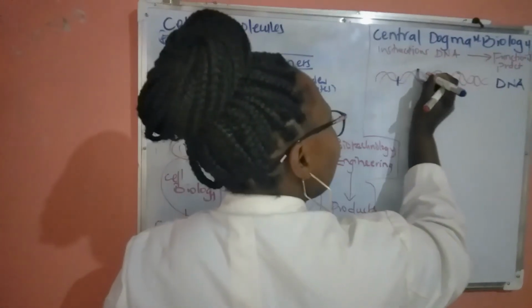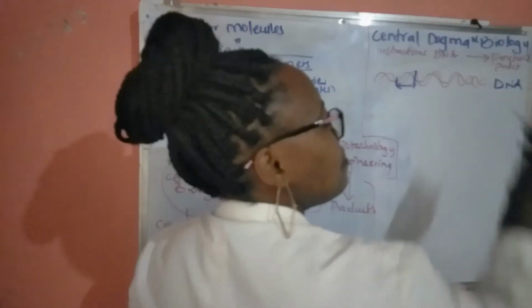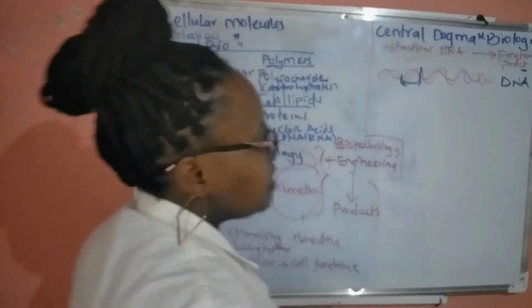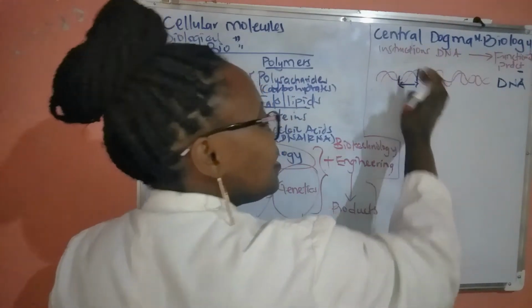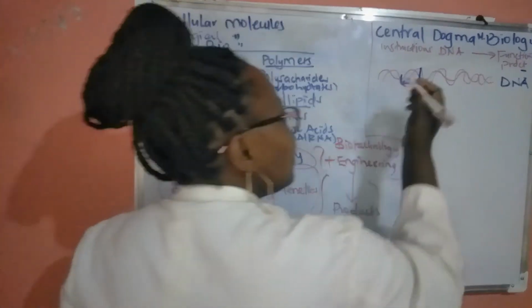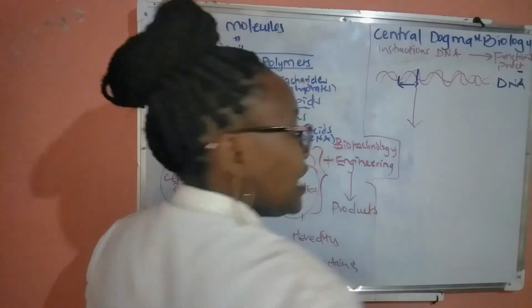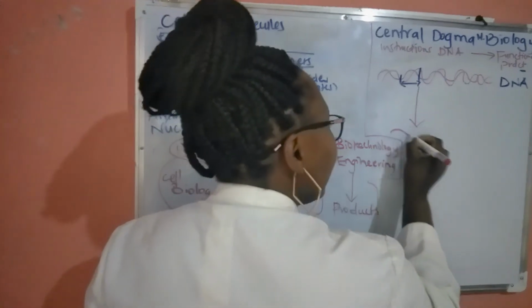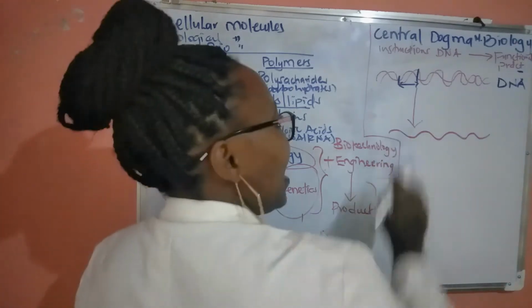For example, let's say that region wants to code for a certain product that is useful in the body. For it to be able to convert this information into a product, the instruction will go into RNA. RNA is a single strand. That is our RNA.